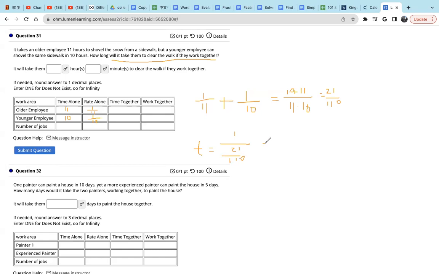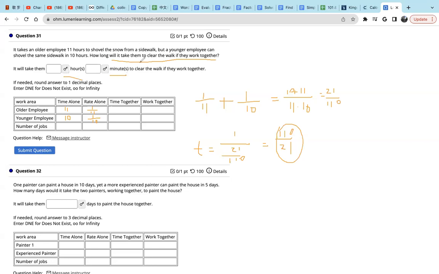So that just equals 110 divided by 21. Because 1 divided by 21 over 110 is the same as 1 multiplied by the inverse. The inverse of 21 over 110 is just 110 divided by 21. Then you can punch it into a calculator to estimate as hours and minutes, right?